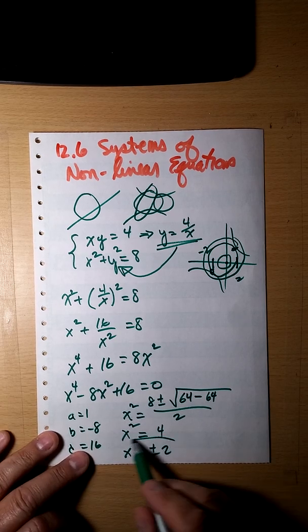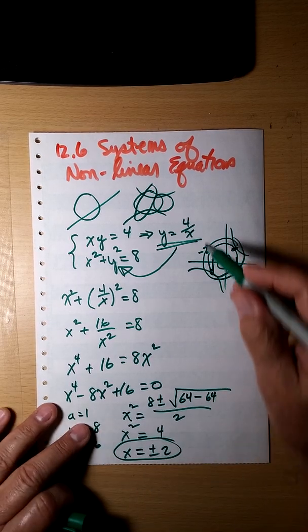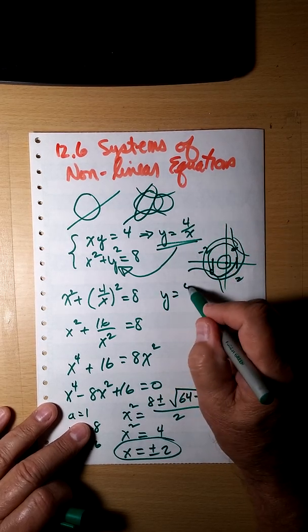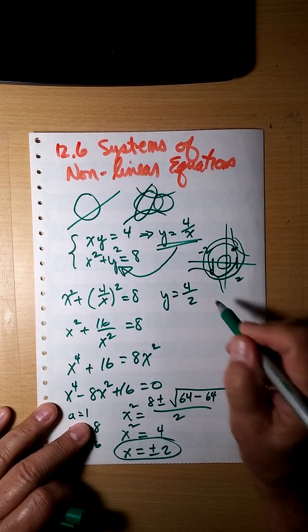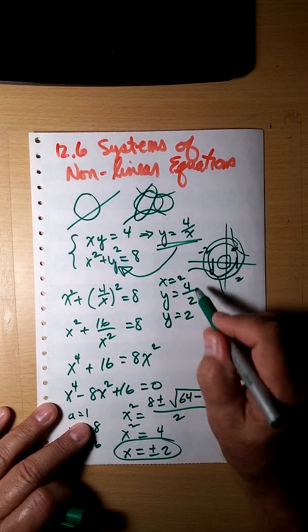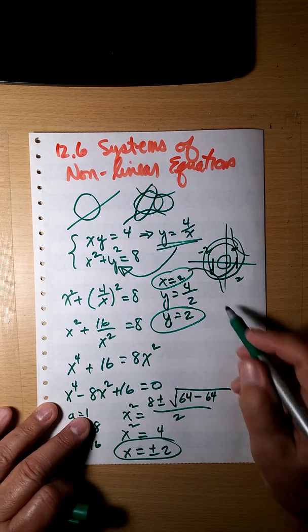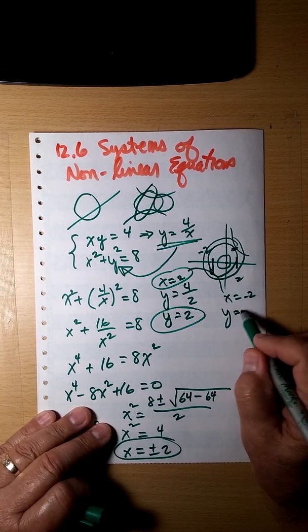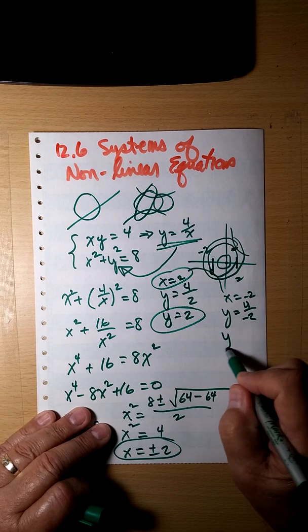What do I do with these? Let's see. I can put them back in either one of these. This is the easier one. Y equals 4 over 2, or y equals 2. So when x equals 2, y equals 2. When x equals a negative 2, y equals 4 over negative 2, or y equals negative 2.